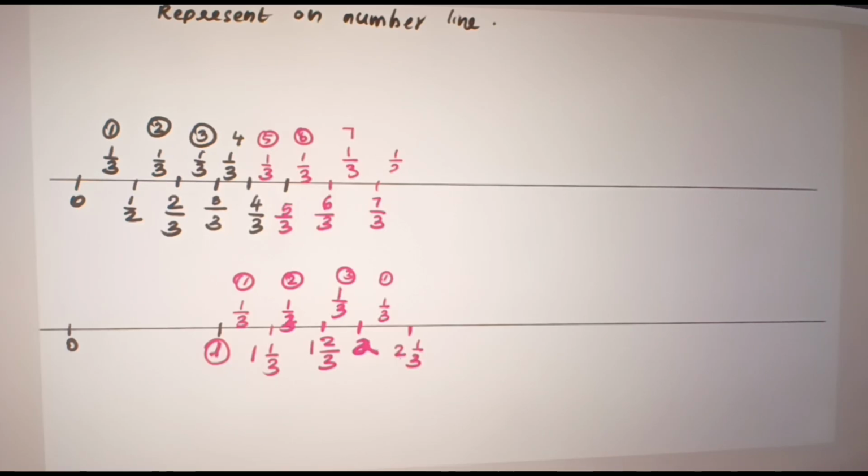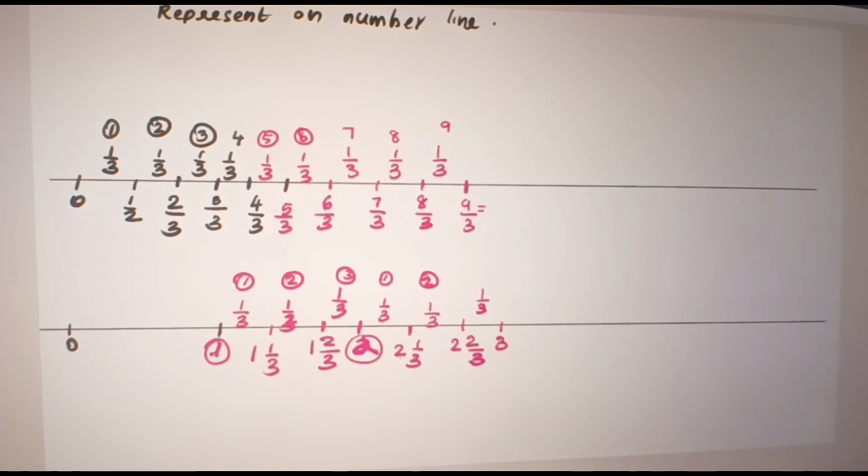If you add another 1/3, that is 8 over 3, that is 2 wholes and how many 1/3s are there? Two 1/3s, so 2 over 3. Now if you add another 1/3, total nine 1/3s are there, 9 over 3, that is 3 wholes.